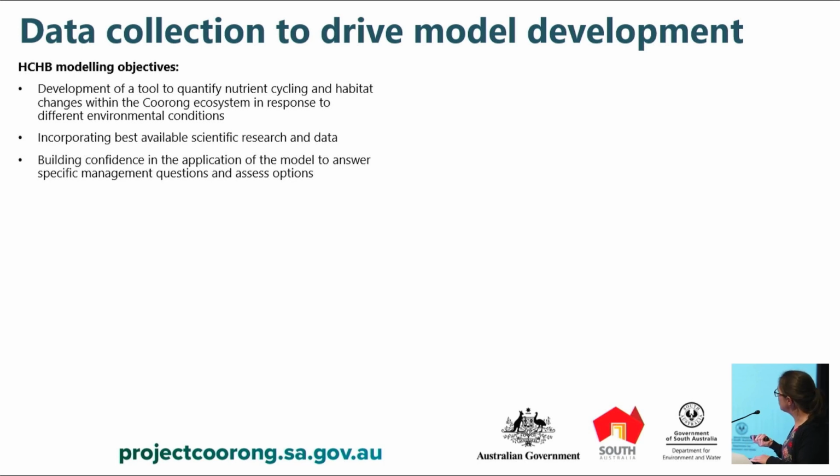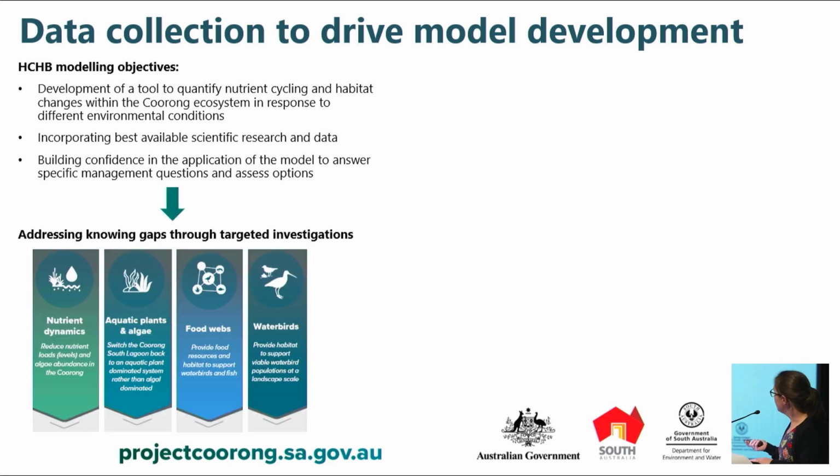Obviously, we wanted to make use of the best available scientific research and data. And then we want to have confidence that we can use that model to answer a whole range of questions, including considering options for infrastructure, restoration, operations, and the like. So this fed into the targeted investigation.